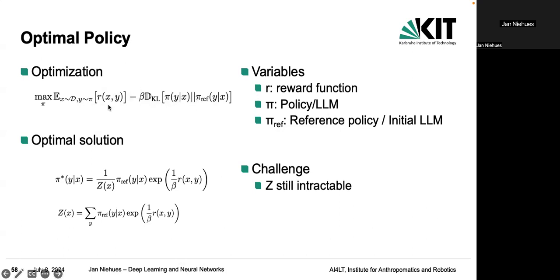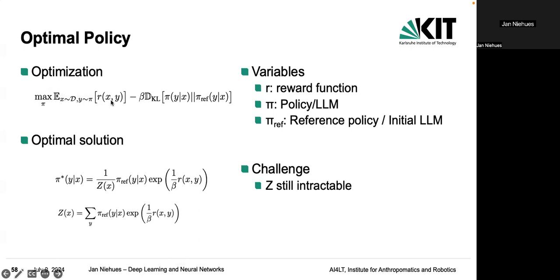So we have a reward function R here, and then we have two policies or language models, the one that we're training and the one that we are referencing. The one we're training shouldn't be too different from the original one. The other one is used to generate your answer. So for the expectation value, we take input from our data and we sample our output based on the language model. The language model generates it, and then the expected reward by the model should be as big as possible.